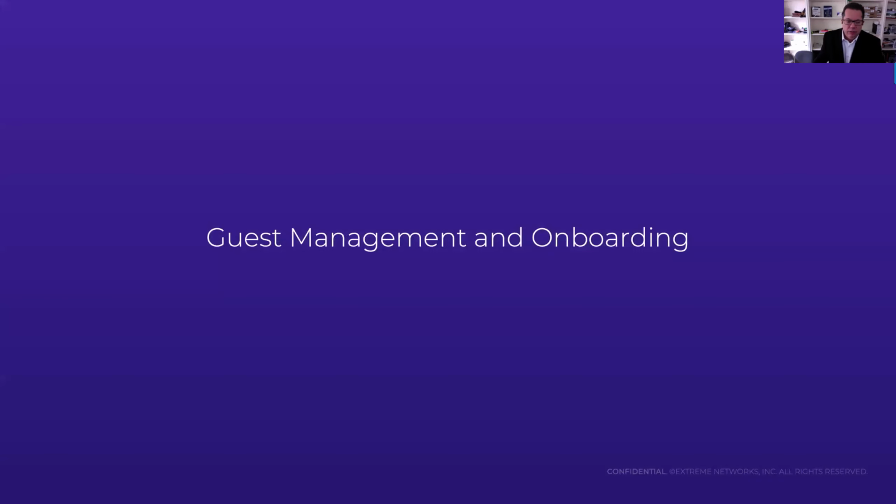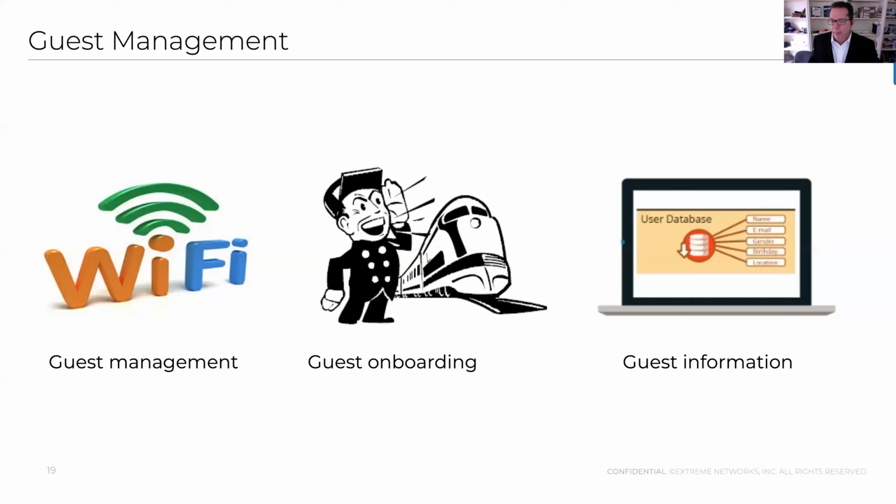All right, so we've talked a lot about a lot of 101 capabilities for guest access. Let's talk more now about guest management and onboarding, which has really evolved into its own art form. As Wi-Fi has evolved, so have wireless LAN guest management solutions.